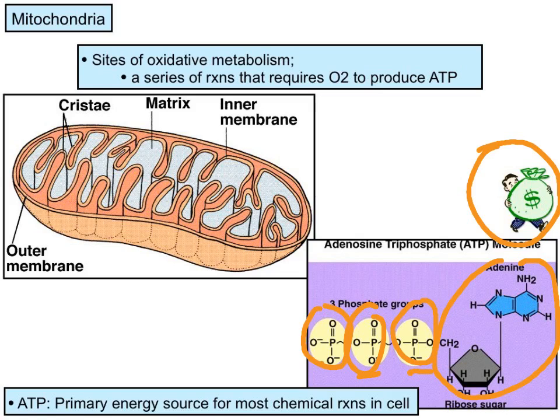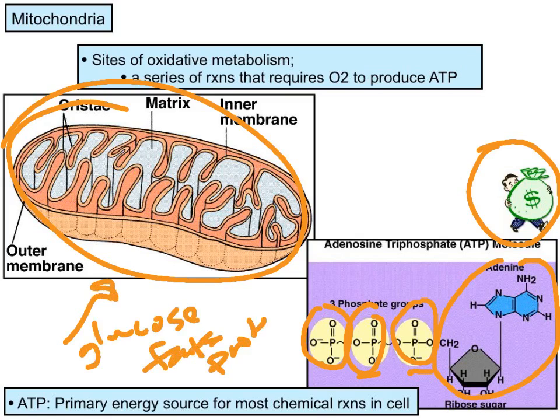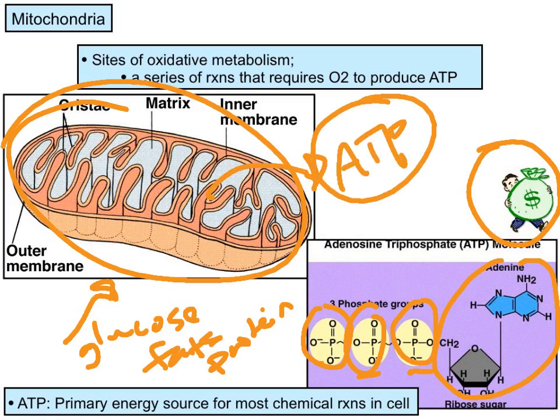The same thing is happening within our mitochondria. Certain energy, glucose, fats, protein, etc., are going to come into our mitochondria and get turned into ATP that our body can use for energy. Very important, these mitochondria.